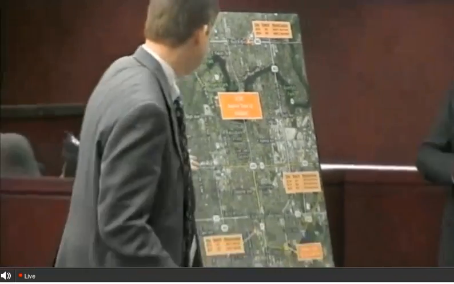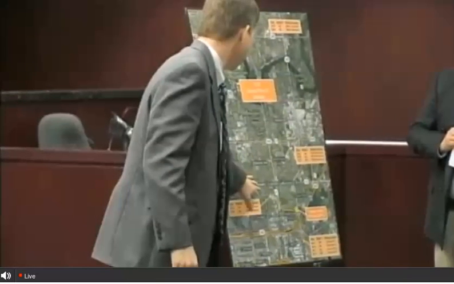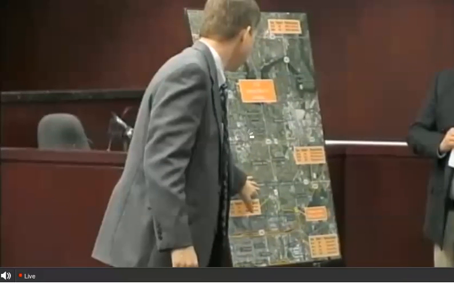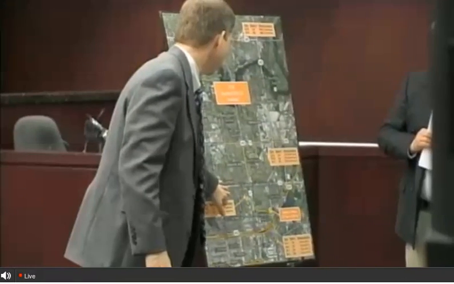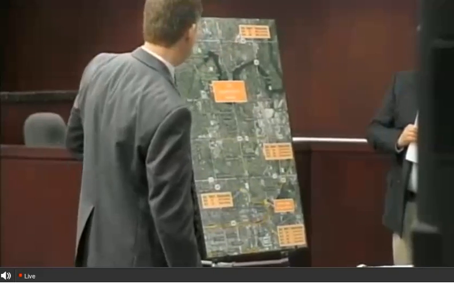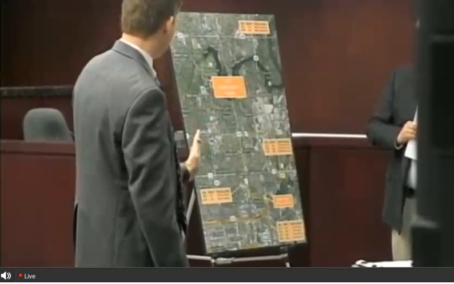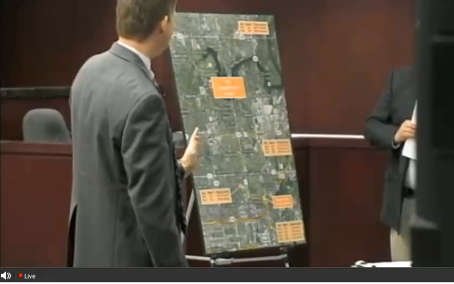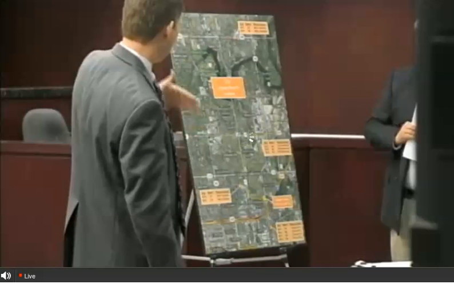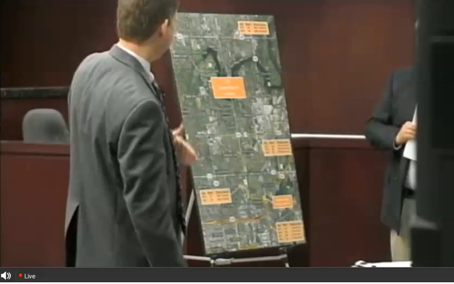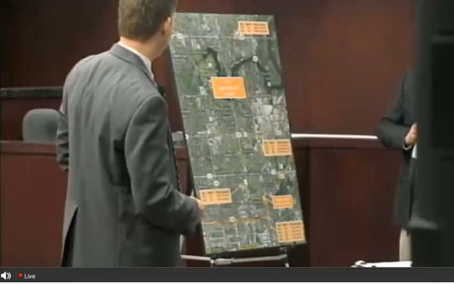So there's a curve in the road, it appears, between Hillsborough Avenue and East Martin Luther King Boulevard, and once it curves and heads back south, it becomes 50th Street. That is correct. And that's north of the incident scene where that curve occurs? That is correct. The road turn.